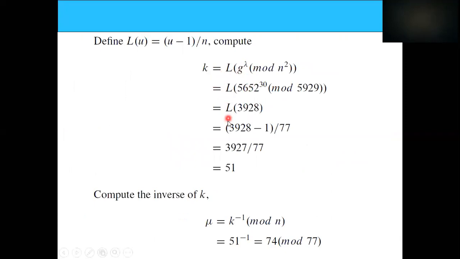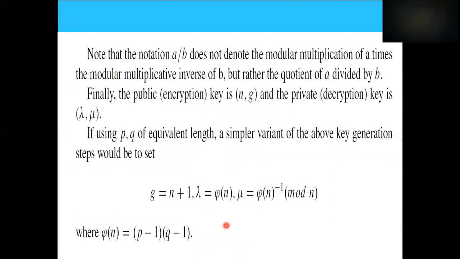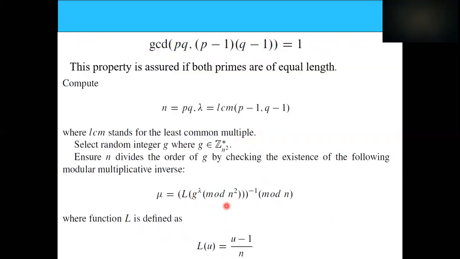I have to calculate first mu and take its inverse, because I take the inverse of this whole expression. First I calculate this. I call it k in my previous slide, where I performed this calculation, for example, and then take its inverse.